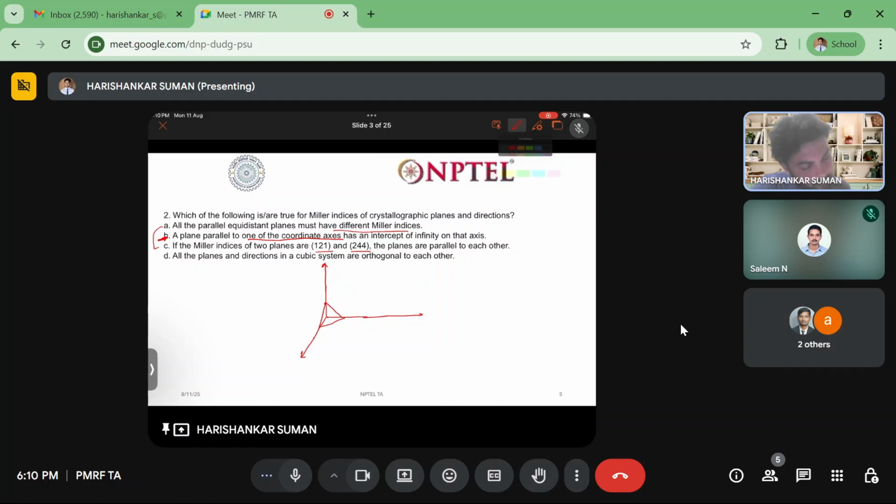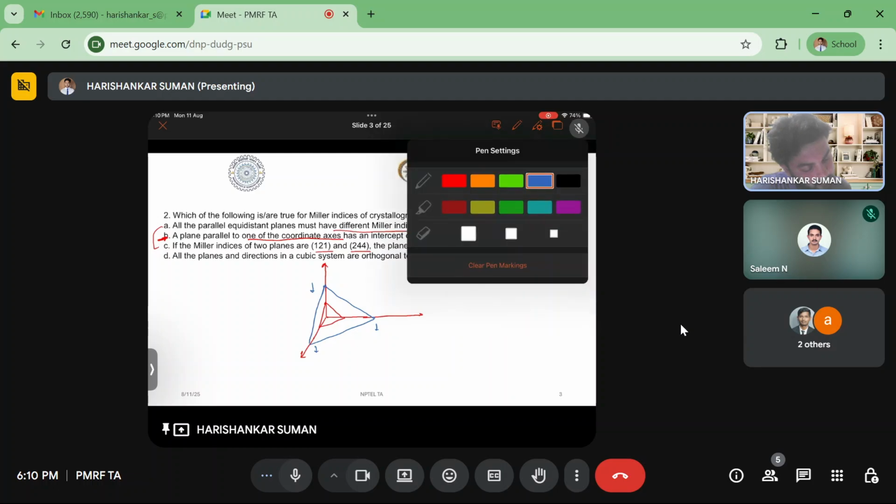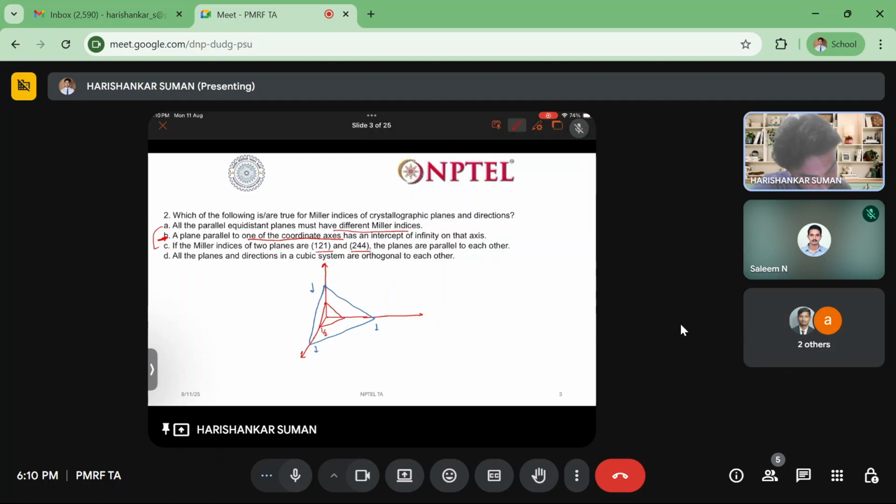Let me take two planes. This is 1, 1, 1, and this is half, half, half. In a similar way, you can also create more planes.